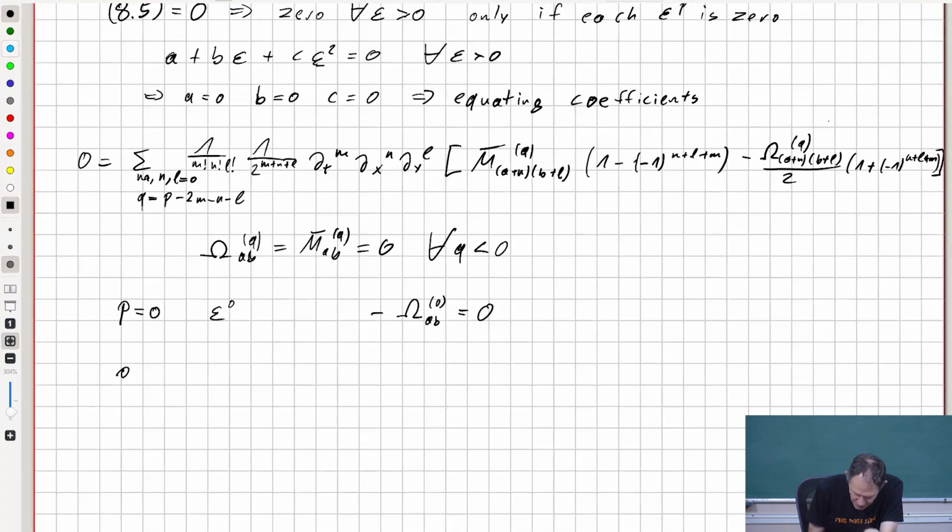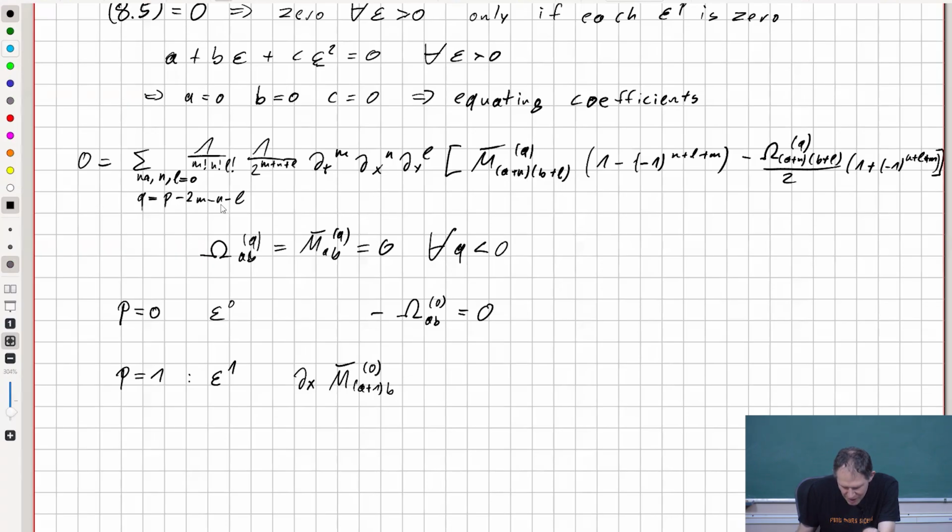So then we put P equal to 1. So this is basically all the equations that come with epsilon to the power of 1. Here we have now more terms, namely the derivative of the moment A plus 1 B. This now comes to 0 order because we have to count up here 1.